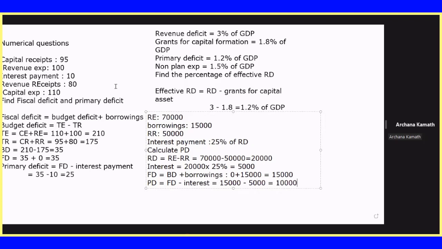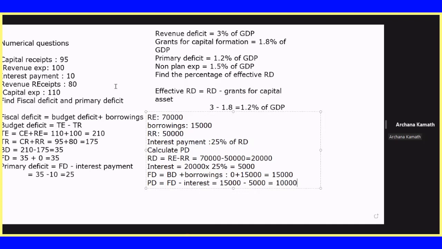I've completed the fiscal policy, which is generally related to the budget component. So when the government is in lack of money, or they are finding some financial crisis, or they are experiencing financial difficulty, they will try to bring down the expenses and increase the receipt side or the revenue side.